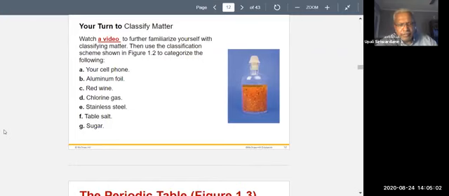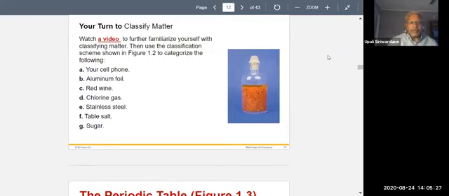Sugar is a, what do you think about sugar?